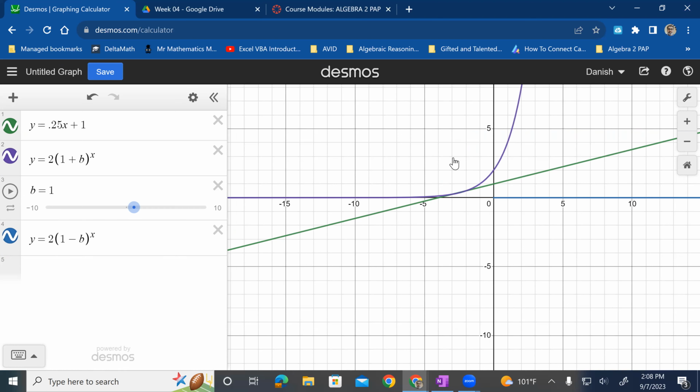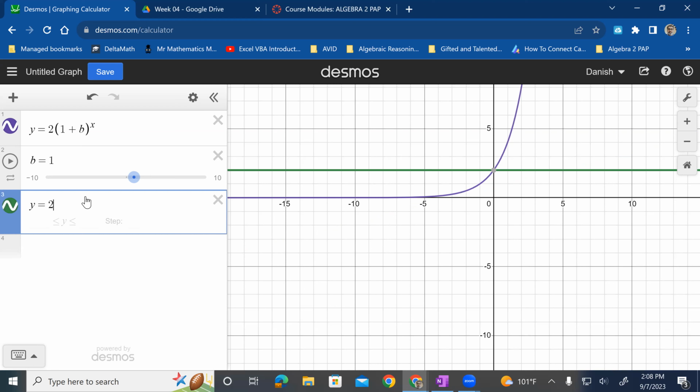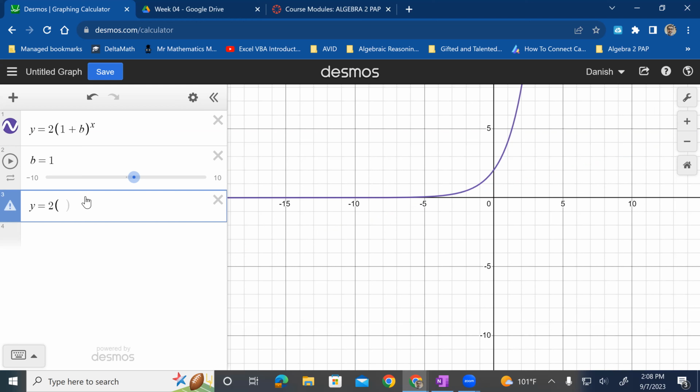I will remove it and get rid of this straight line also. I just want to bring in here y equals 2 times 1 minus b, and then let's make it exponential with an x.